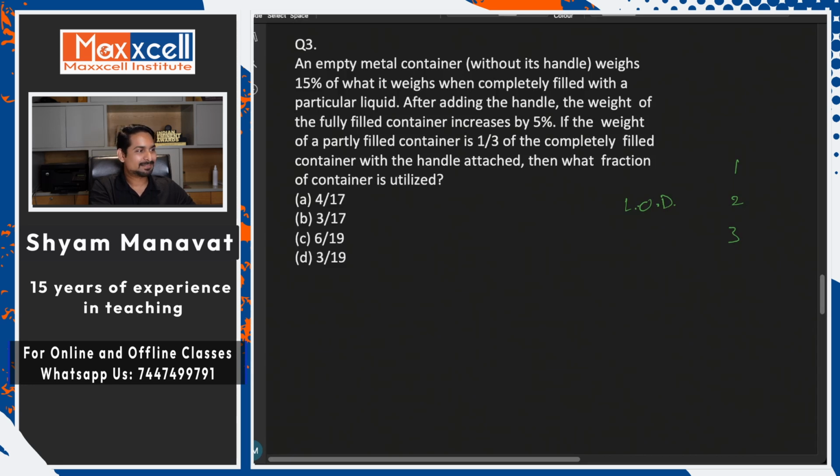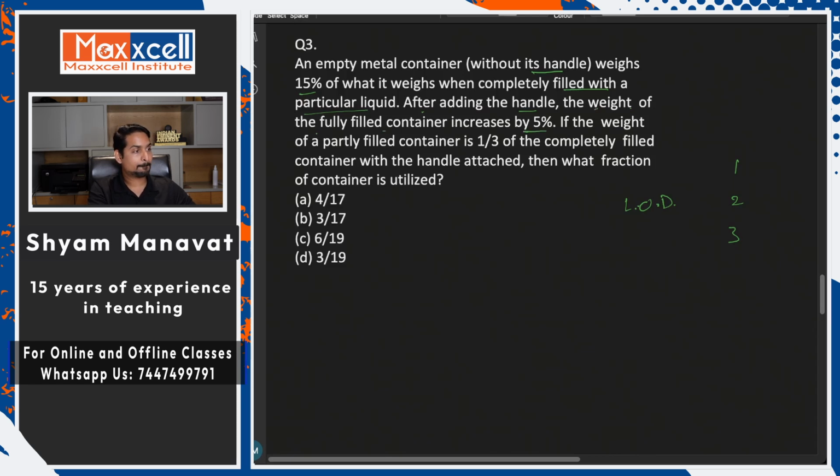Okay, an empty metal container without its handle weighs 15% of what it weighs when completely filled with a particular liquid. After adding the handle, the weight of the fully filled container increased by 5%.